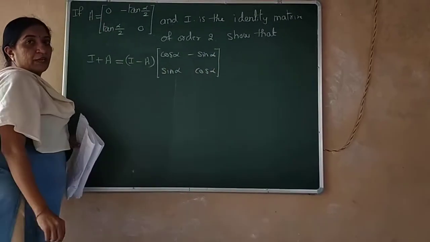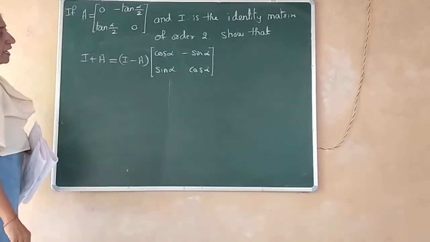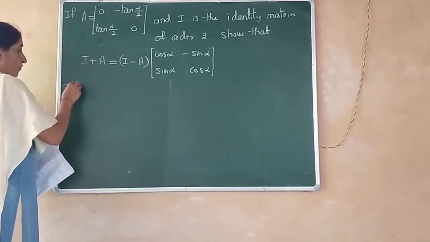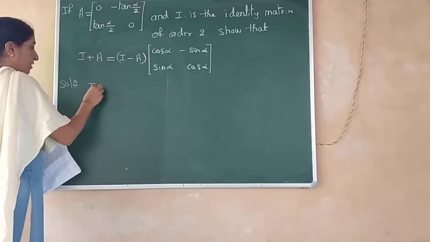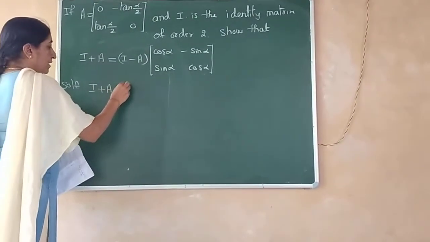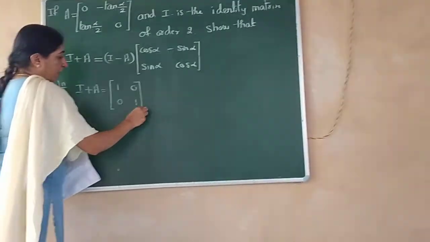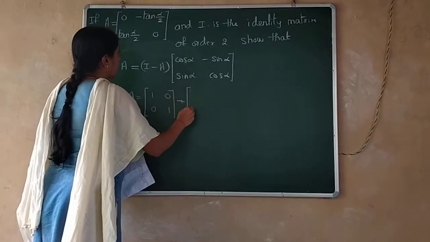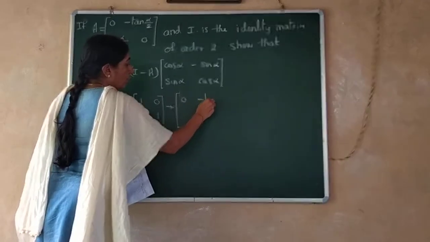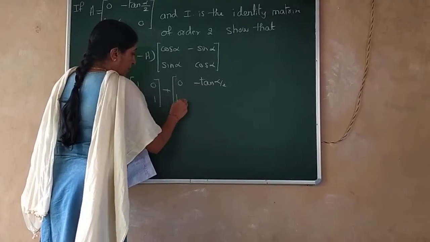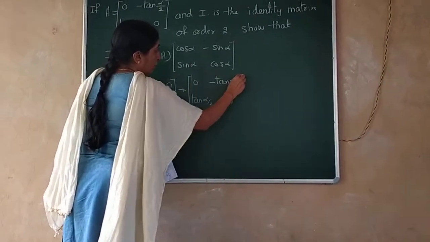Here we have to solve LHS separately, RHS separately, and we have to compare the values. So first I am solving LHS. What is LHS? I plus A. I is a unit matrix, 1 0 0 1, plus A, which is 0 minus tan alpha by 2, tan alpha by 2 0.